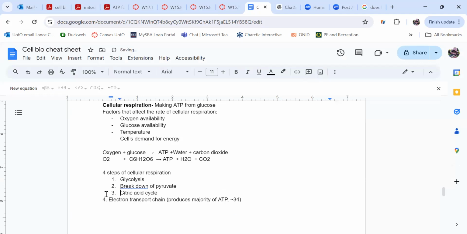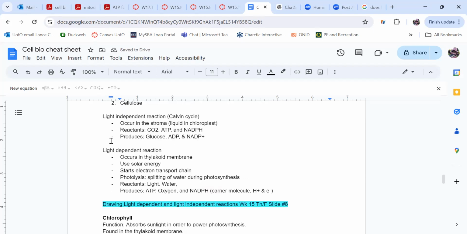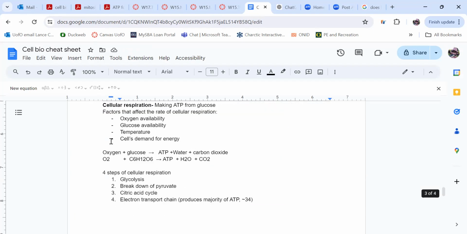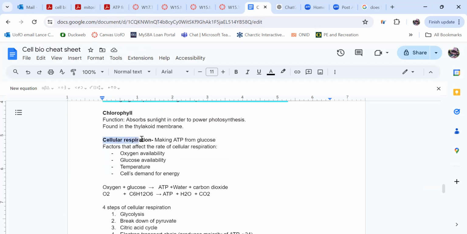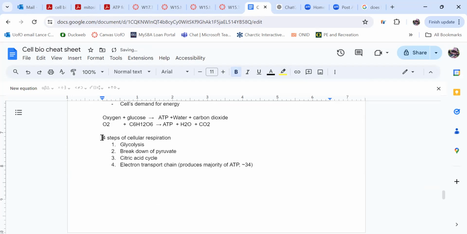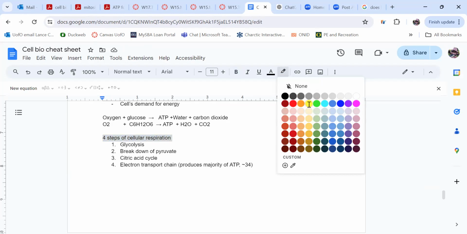Okay, here's what we have here. All right, what do we have? What did I do? Yeah, I did yellow for vocab words. So from cellular respiration, keep up here, 4 steps for cellular respiration. But that's important.